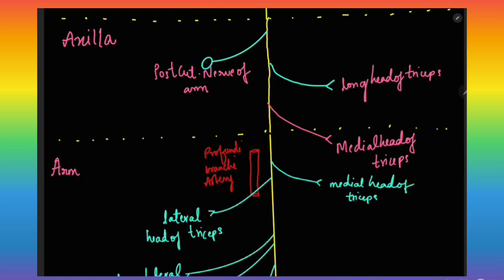Injury to the radial nerve in the region of axilla is due to the pressure of the upper end of a crutch, so it is also known as crutch palsy. All the muscles and the sensory innervations which are supplied below the region of axilla, that is arm and forearm, are affected.